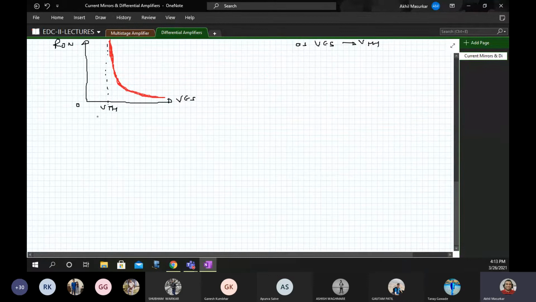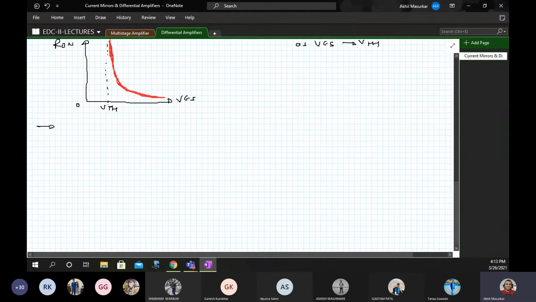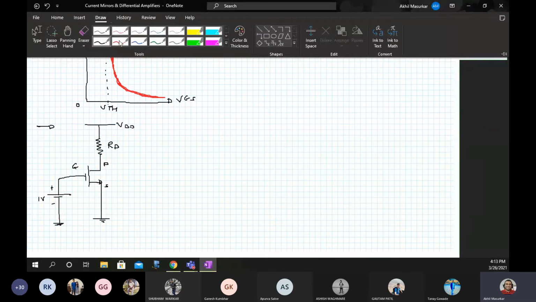So let's do a small problem here, for this circuit. This is plus minus 1 volt. This is gate, source, drain. This is your RD, and some values are given.